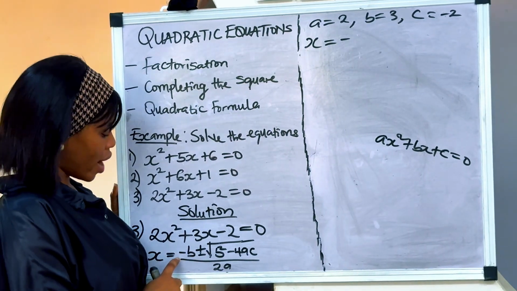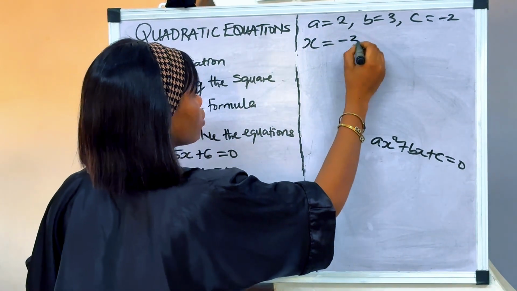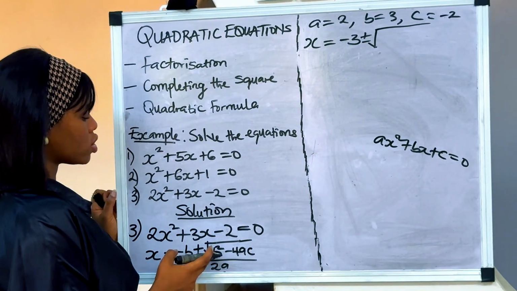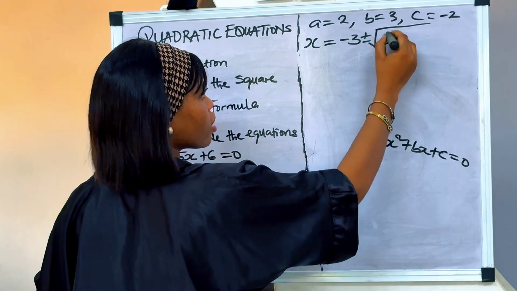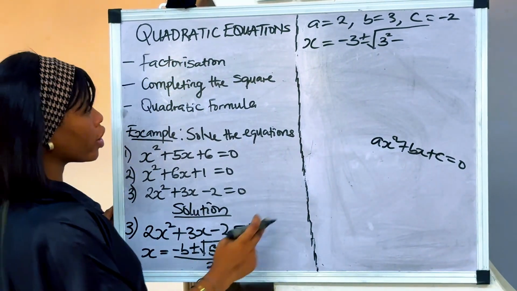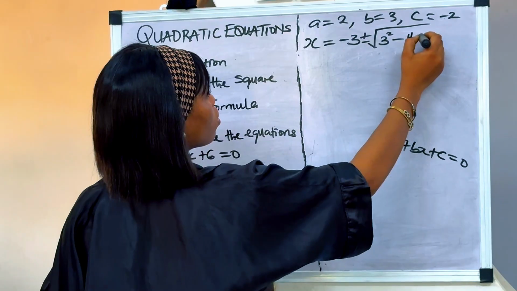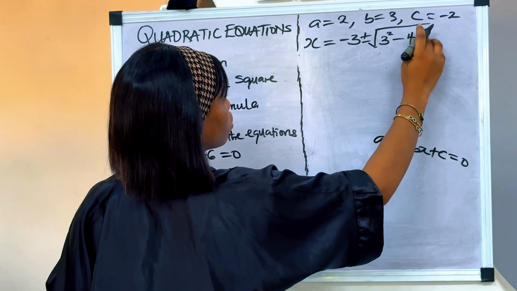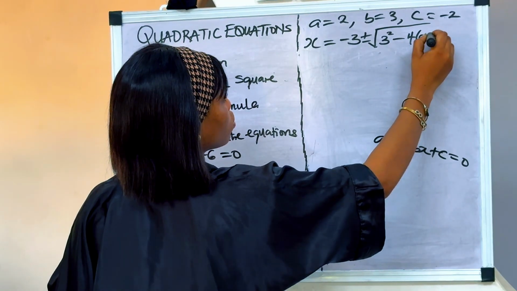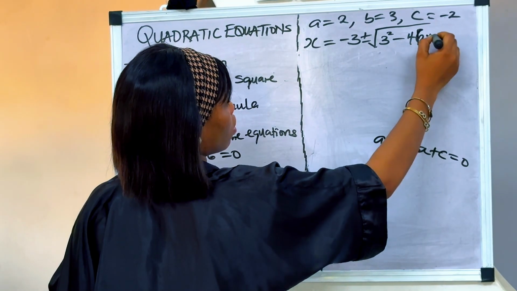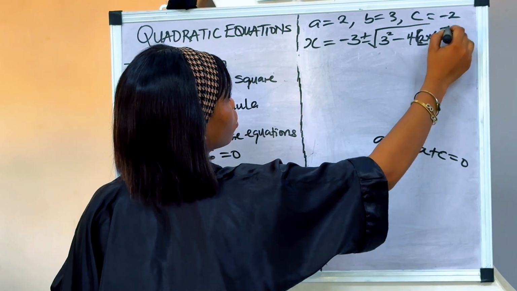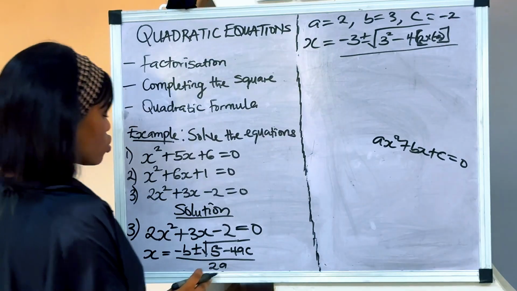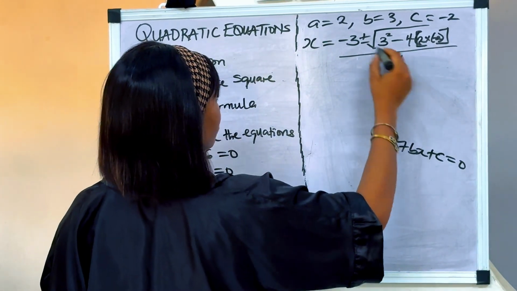So we have minus 3 plus or minus root of what? b squared, which is 3 squared, minus 4ac, that's 4 into bracket 3 times minus 2, all over 2a.